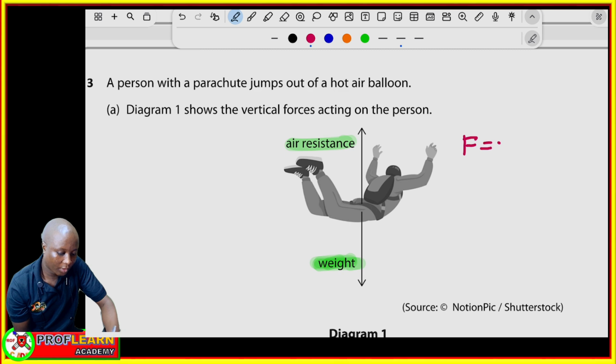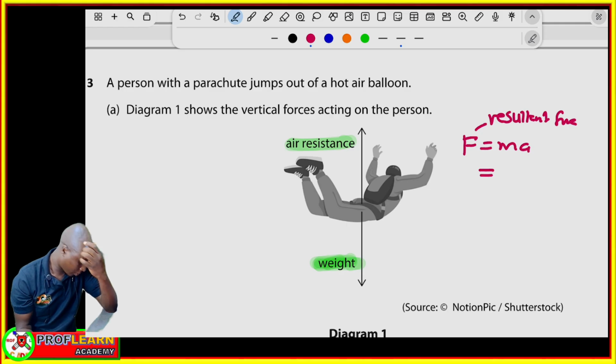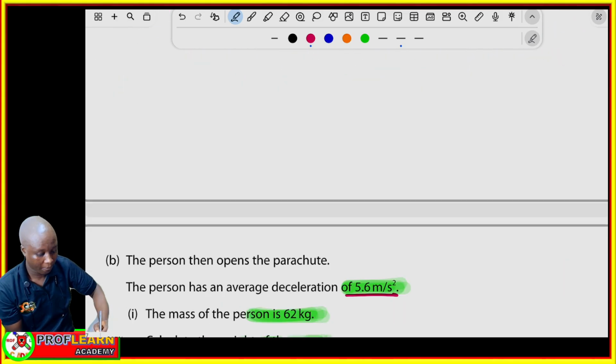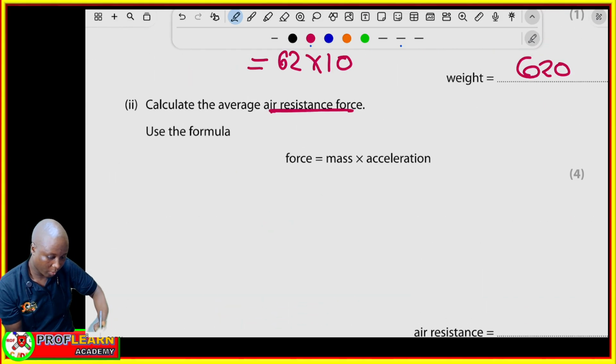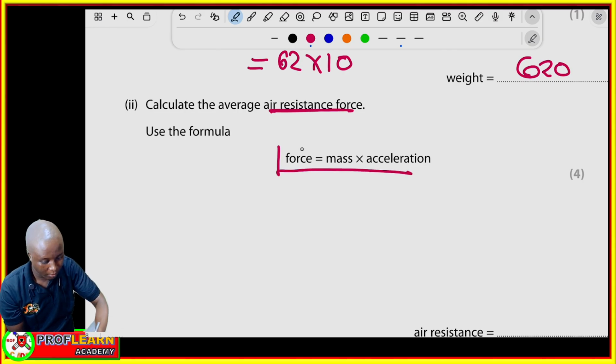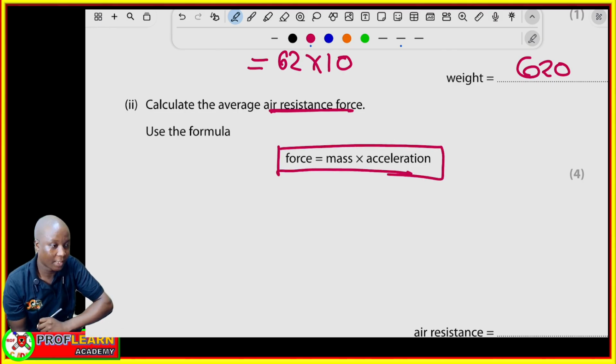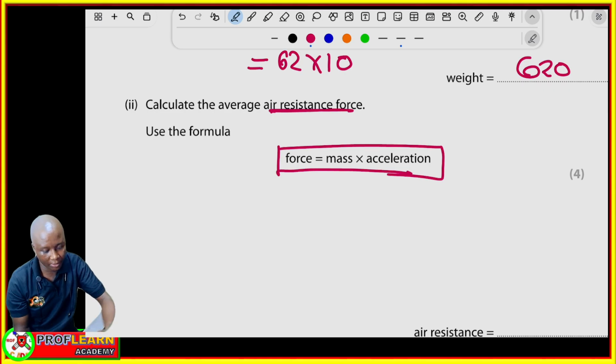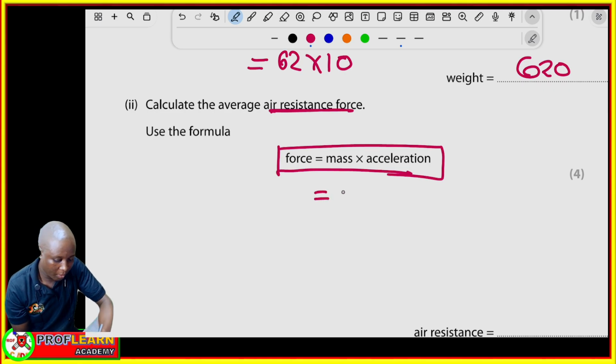Force is equal to MA, which is going to give us what we call resultant force. So that is exactly what we're going to do first. We work out the resultant force as the person is decelerating, which is going to be 62 times 5.6.